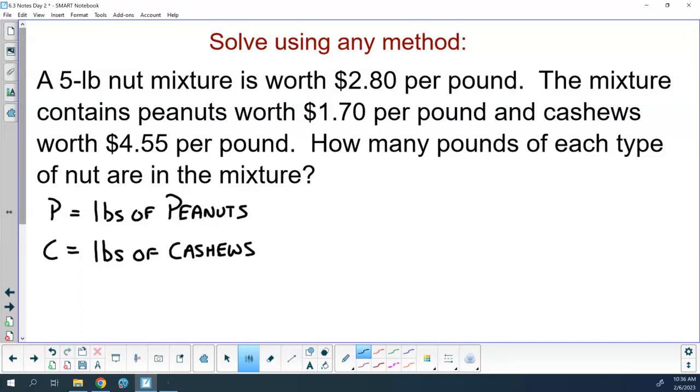Give me one equation based off of this problem.